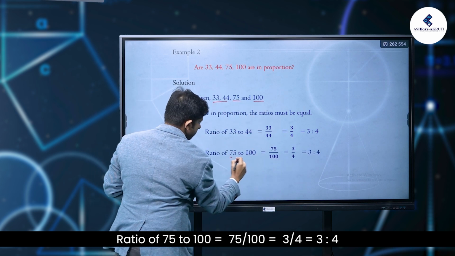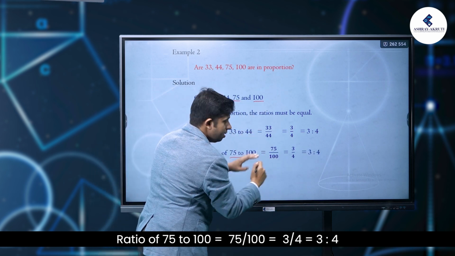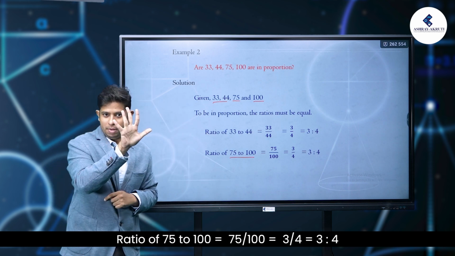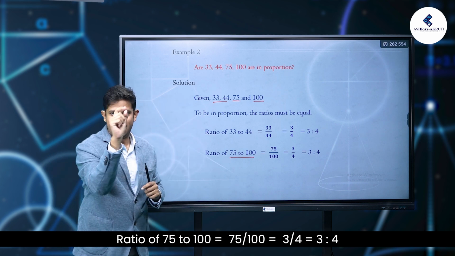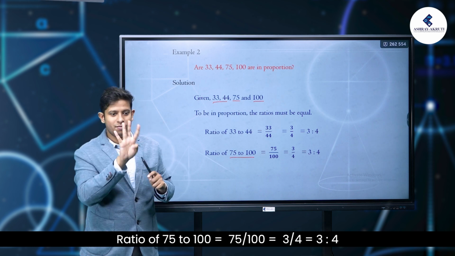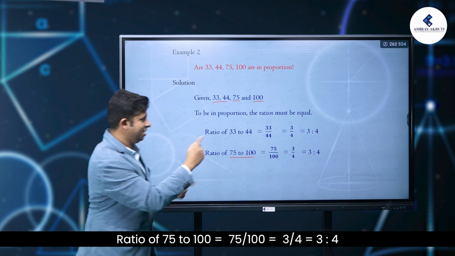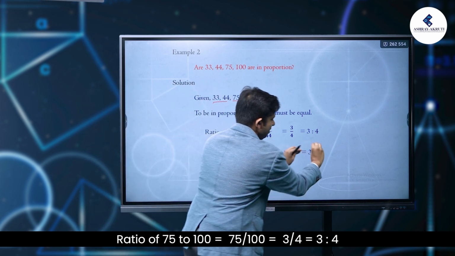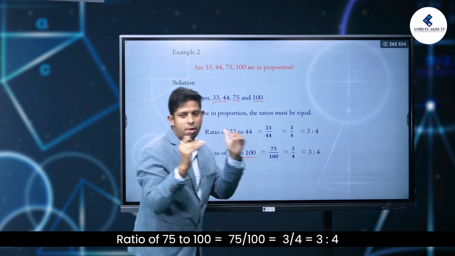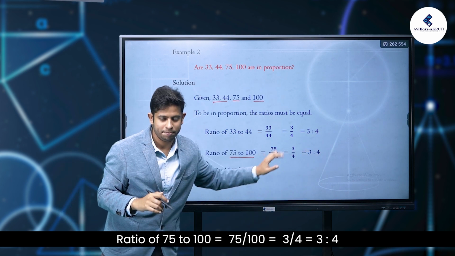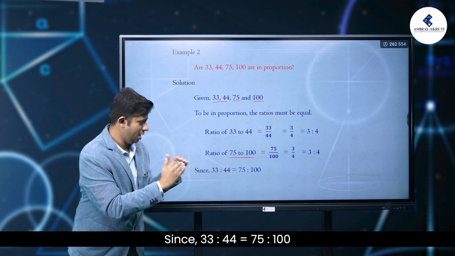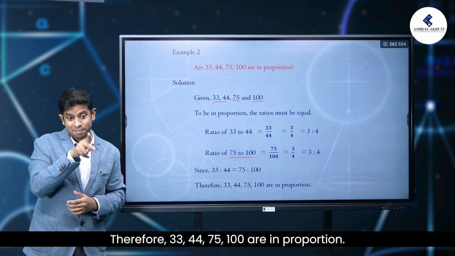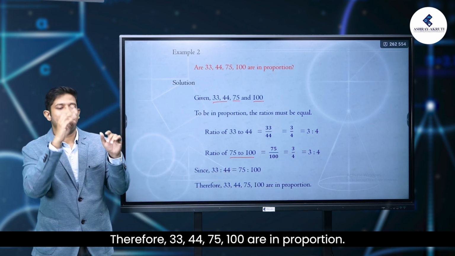Ratio of 75 to 100. 75 by 100 equals 3 by 4, which is equal to 3:4. Since 33:44 is equal to 75:100, therefore, 33, 44, 75, 100 are in proportion.